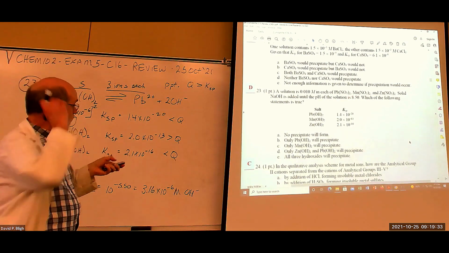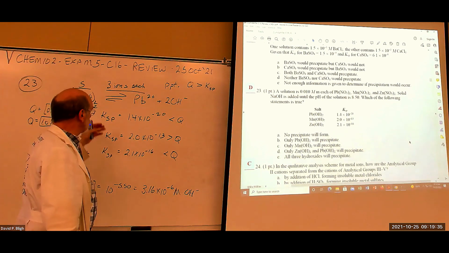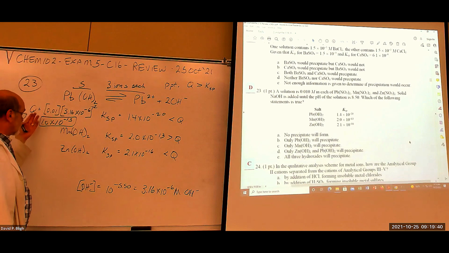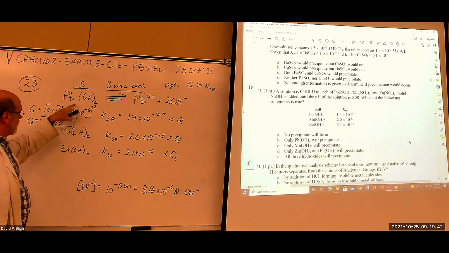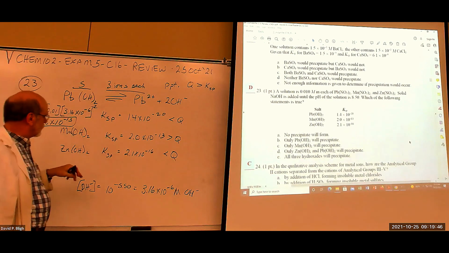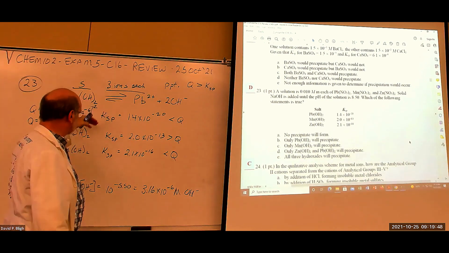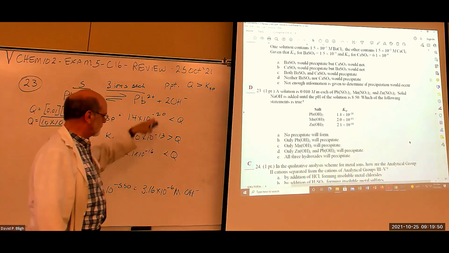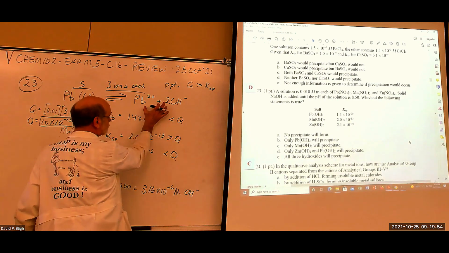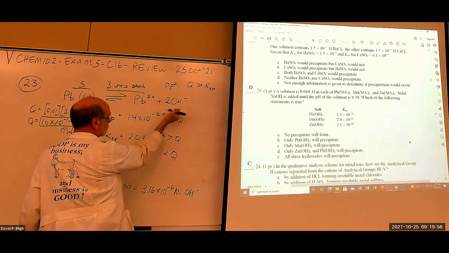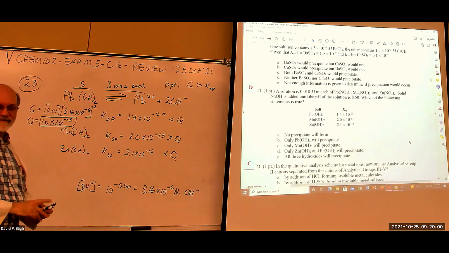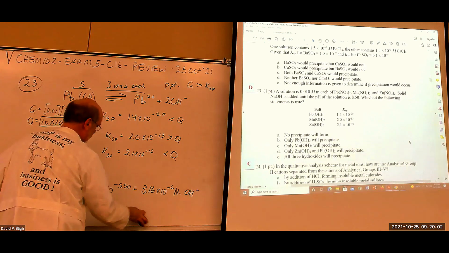If you can find out what that is, then you can calculate the Q for each reaction. And actually, the Q is the same for each reaction because the hydroxyl is the same and the concentration of the ions is the same. All we have to do is calculate the Q and compare it to the K. If the Q is greater than K, that means we've got too much of this, which means it's going to precipitate. Okay, that's the moral of that story.